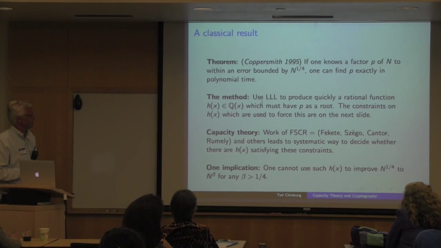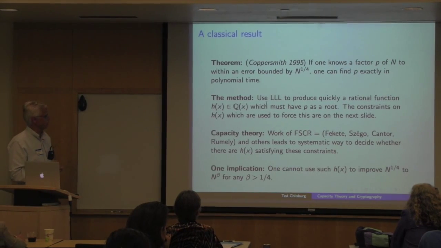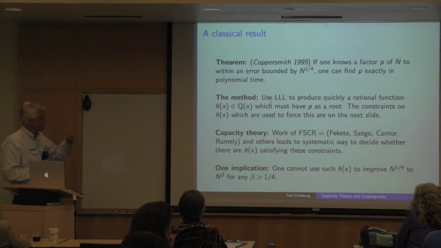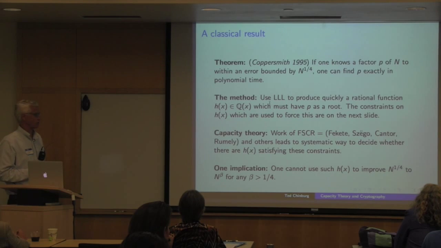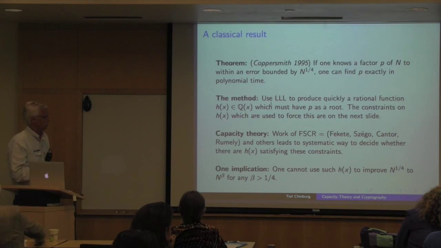One implication of this is a clean proof that there are no rational functions of the kind that Coppersmith used that would enable you to improve on that error estimate from n to the quarter to any n to the beta bigger than a quarter. The rational functions simply are not there.